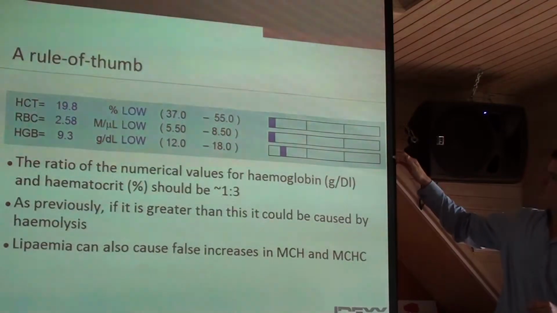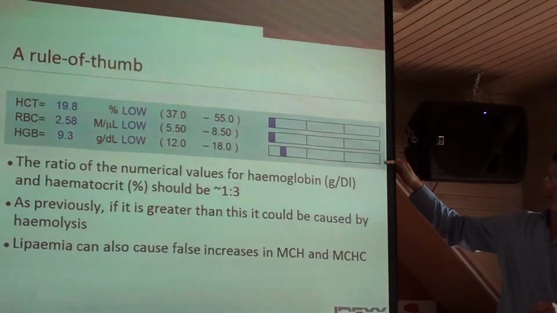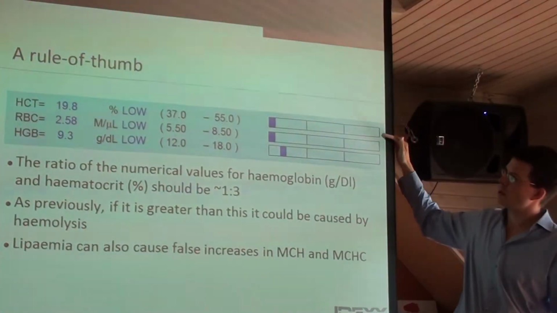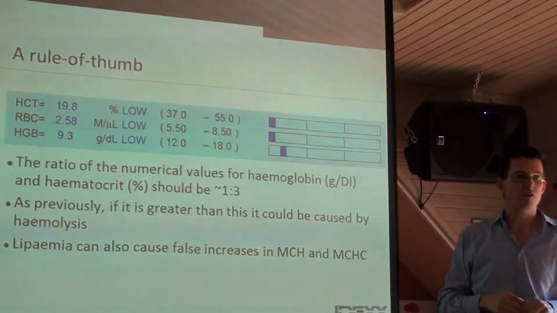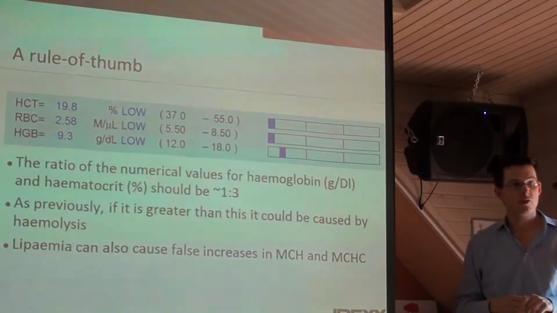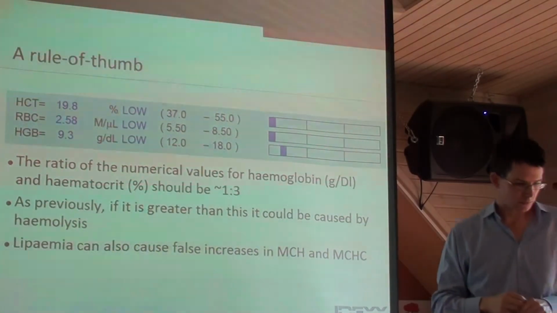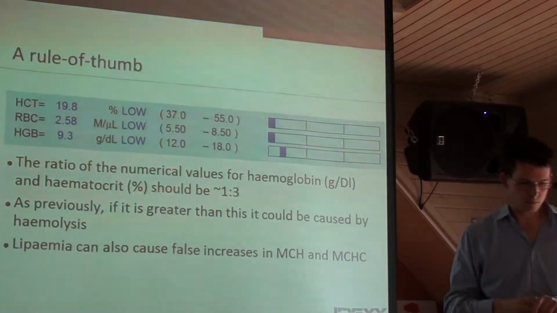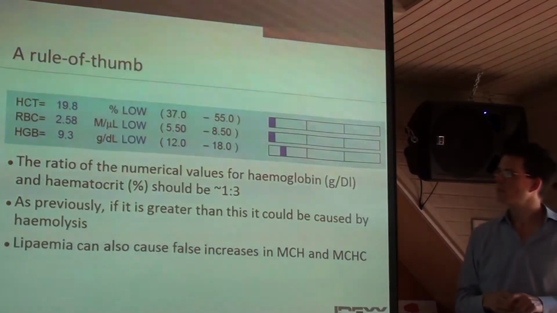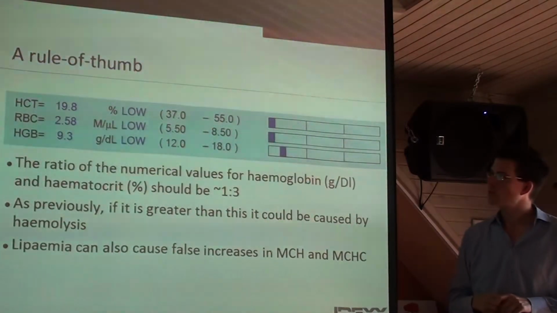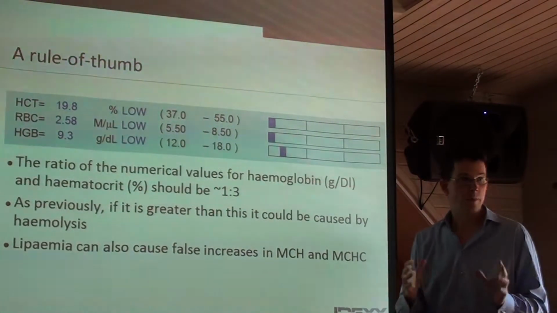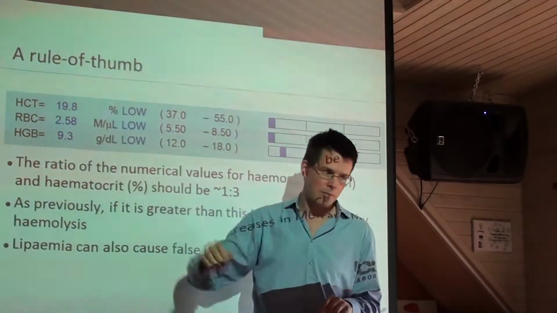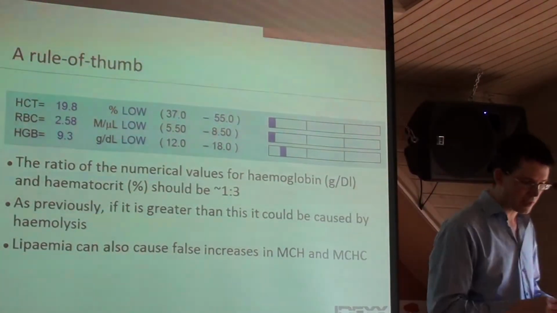So if you look at the ratio of the hemoglobin in grams per deciliter to the hematocrit, you are expecting a ratio of 1 to 3. Kui sa vaatad hemoglobiini väärtust grammi detsiliitris hematokriti väärtusega, siis suhe peaks olema 1:3. So depending what units you use, you may need to divide the number, but let's say we're using grams per deciliter.